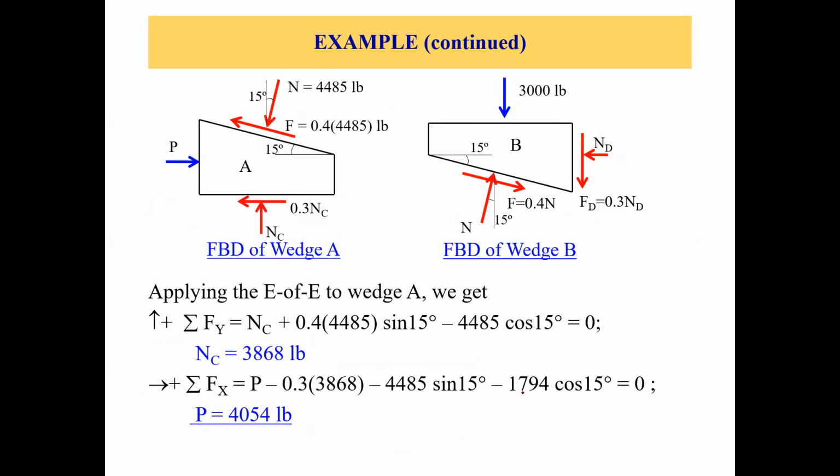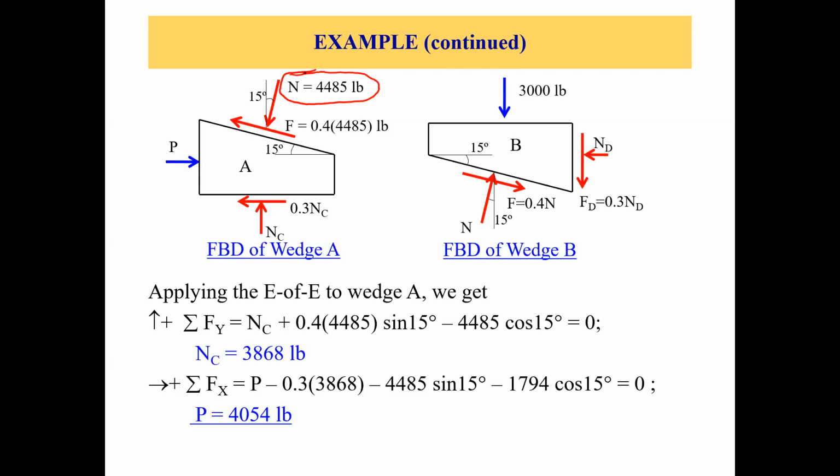Now coming back to wedge A, we know this normal force from the analysis of wedge B. Again, if you remember, the forces acting on the interface of the two wedges are equal and opposite, so we already know the direction, and now we have the magnitude.